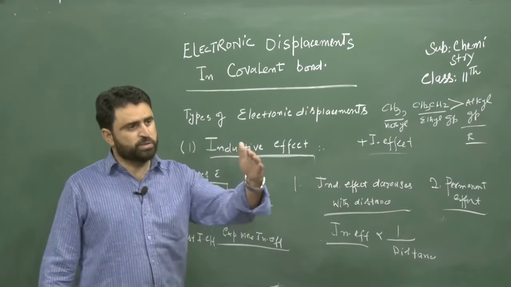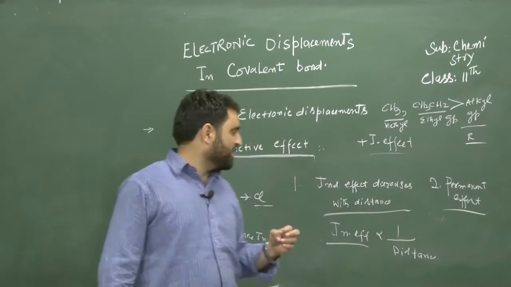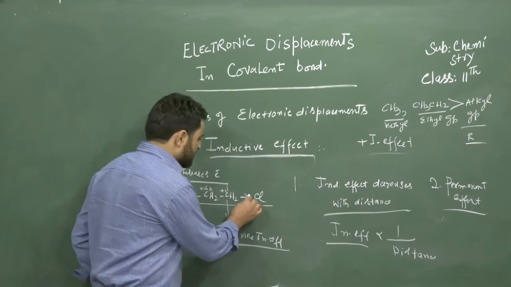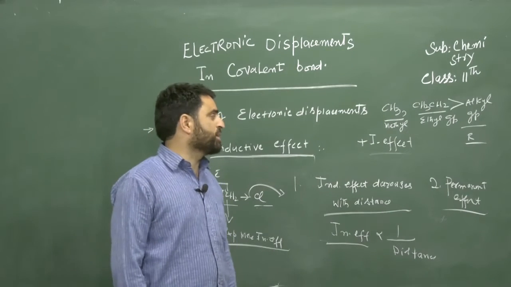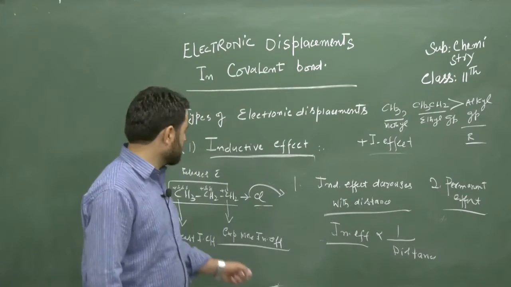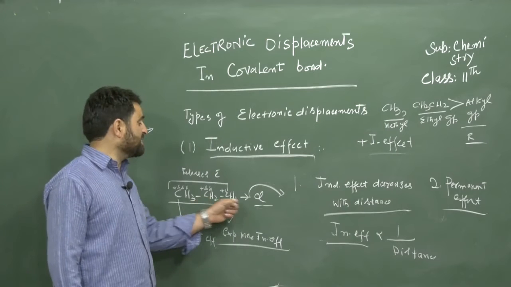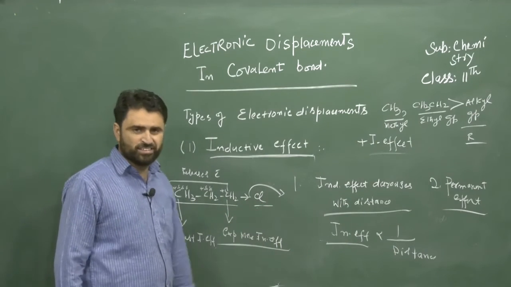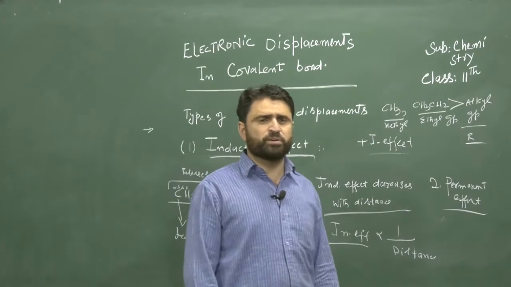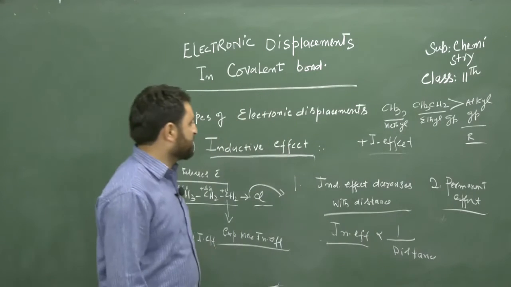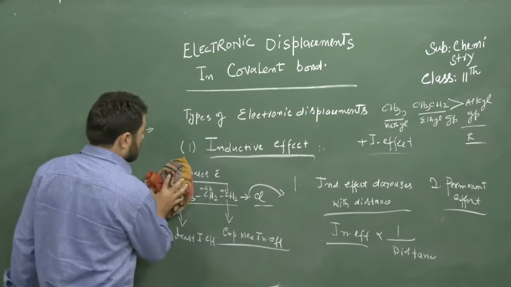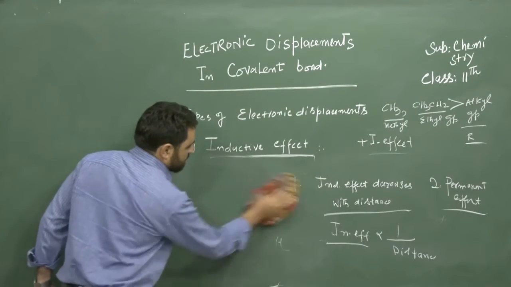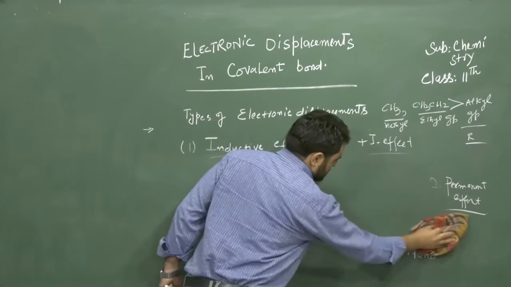So CH3, this is methyl group, and CH3CH2, this is ethyl group, likewise propyl, butyl. These are all alkyl groups and they are represented by R. R can be anything, it can be CH3, it can be CH3CH2.